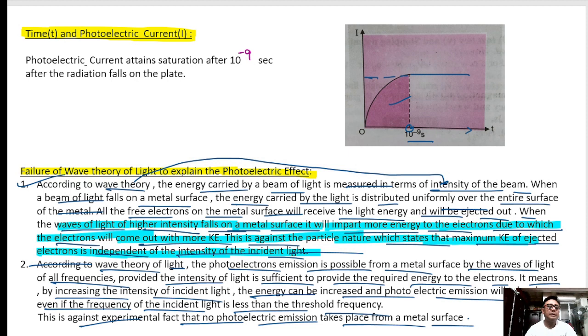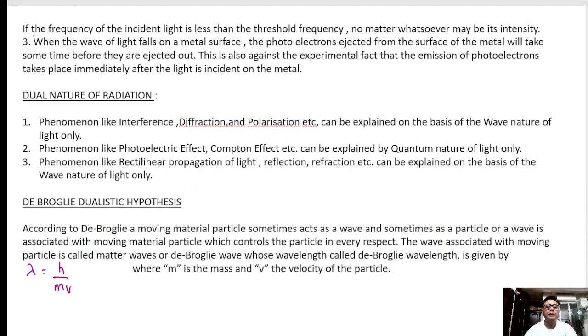So next, let's see, friends. If the frequency of the incident light is less than the threshold frequency, no matter whatsoever may be the intensity, the photoelectrons will never be ejected.